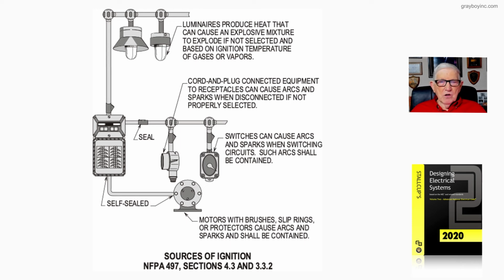Or you could have a totally enclosed motor without those being present. So that's what this illustration is kind of getting over to the designer and user of the NEC, that sources of ignition must be contained as outlined in NFPA 497 4.3 and 3.3.2.